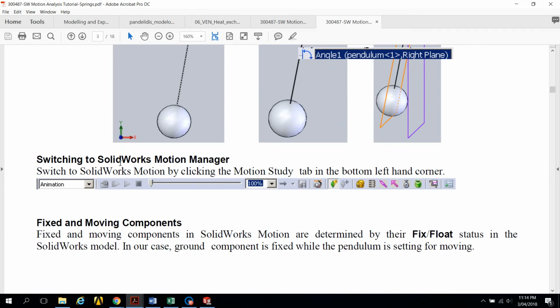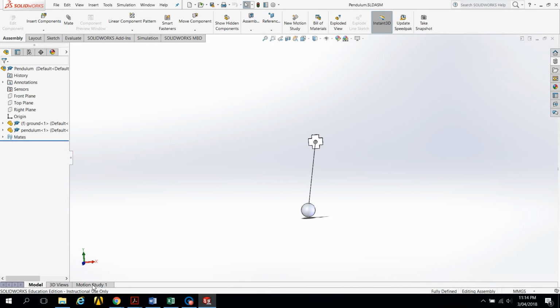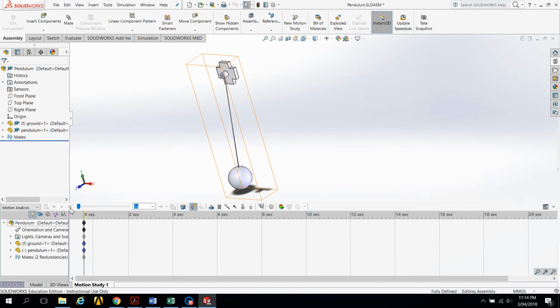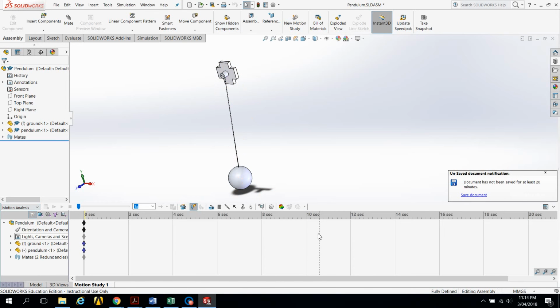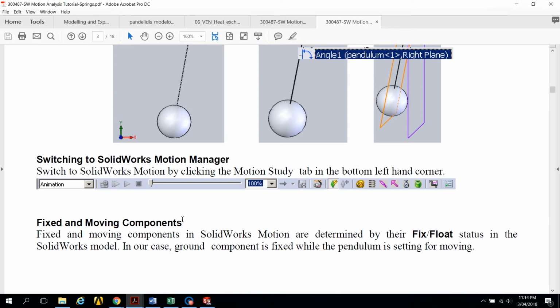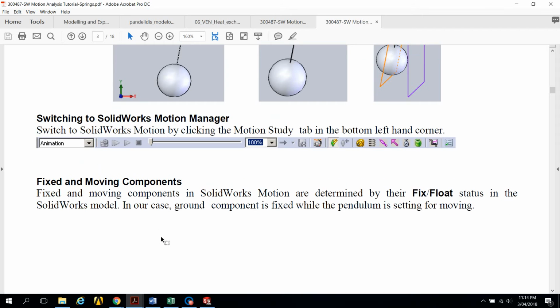So we have to switch to the SolidWorks Motion Manager as we learned earlier. We go there, we're going to have motion study, and we go to motion analysis. This time we're going to have a motor, by the way. We are going to fix and move components. As we can see, we are once again going to use the fixed/float status in the SolidWorks model.